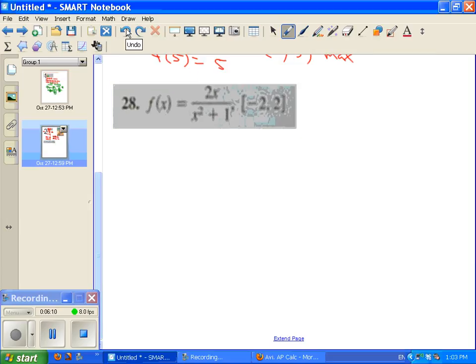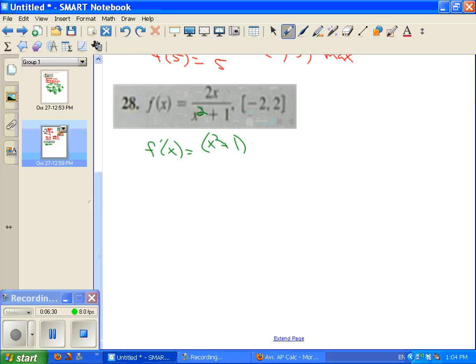P. Diddy, no swag. All right, so for this one, I am going to have to use the quotient rule. So let's see. All right, so we go low d high, and the derivative of 2x is 2, so x squared plus 1.